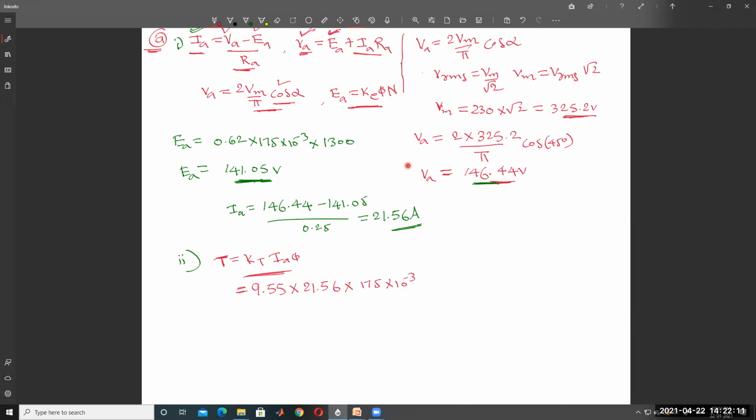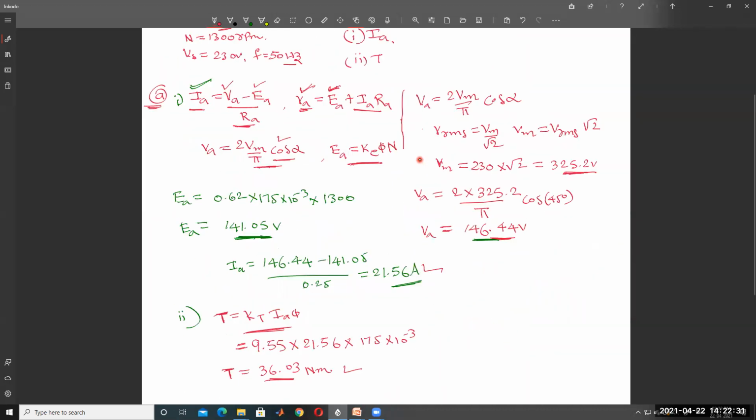You will get 36.03 Newton meter. This is the torque expression. For fully controlled, this is the armature current and this is the torque.